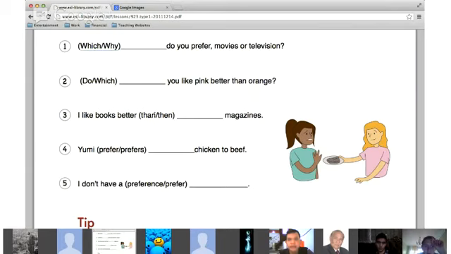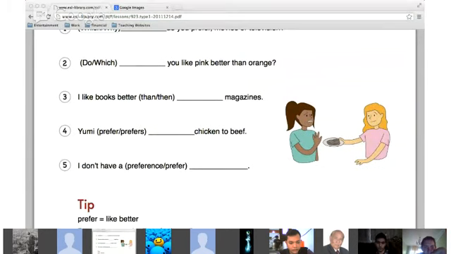We always use the word than with an A. I like books better than magazines. That is the only word we could use here. Better than magazines. Not then, but than. Very good. Let's go to number 4.